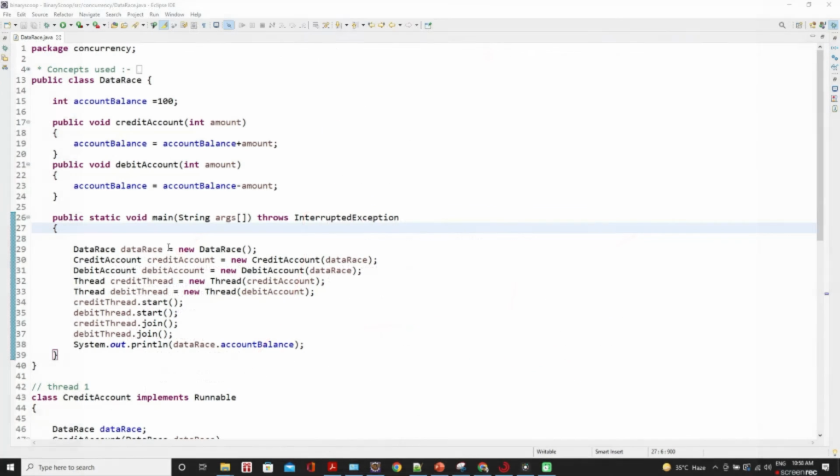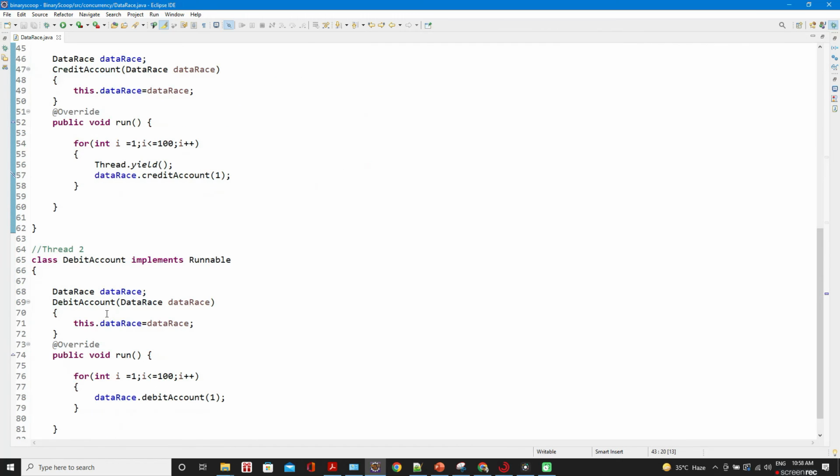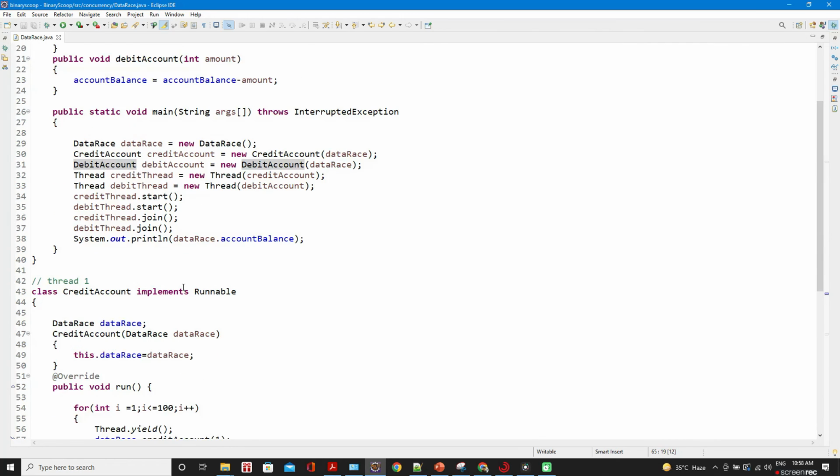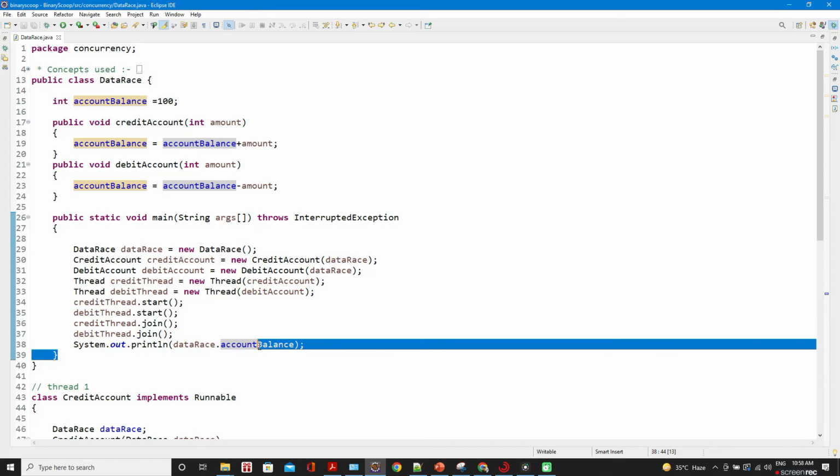So finally we are in Eclipse and we can see that there is one data race class and two threads, credit account thread and debit account thread. These two threads try to read and write the account balance variable value, and finally we print the value of account balance.